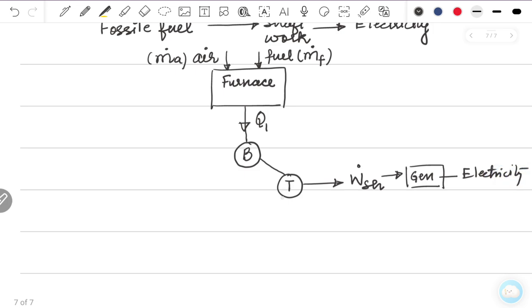Whereas from the turbine, the steam coming out is of very low pressure, so it is transferred to the condenser, where the condensation of steam takes place with the help of external sources like river water or sea water.